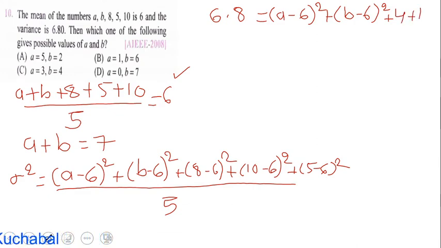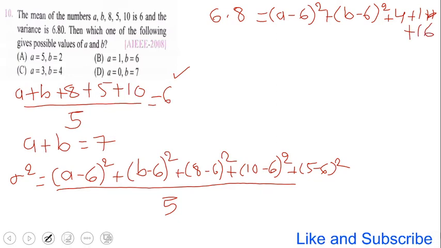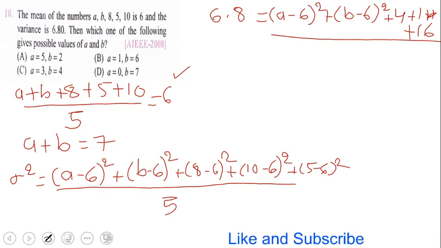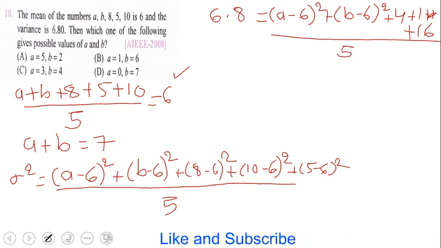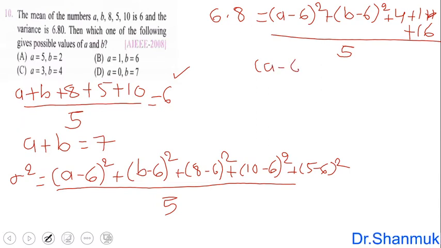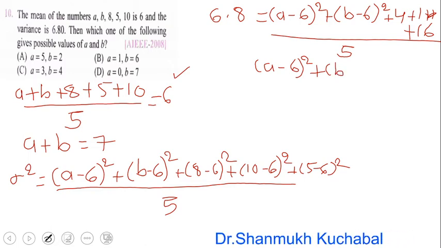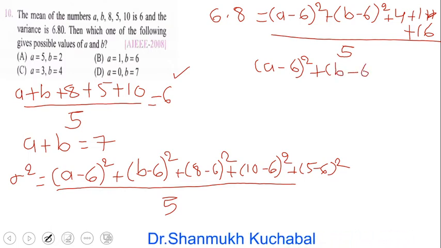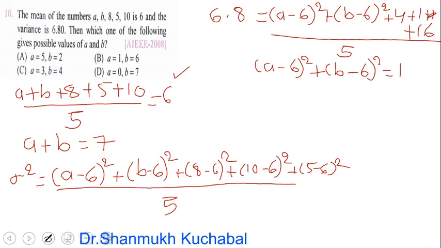Next 1 plus 16, so plus 16, whole divided by 5 here. Further we'll simplify this one. So simplifying, we get a minus 6 whole square plus b minus 6 whole square equal to 13.